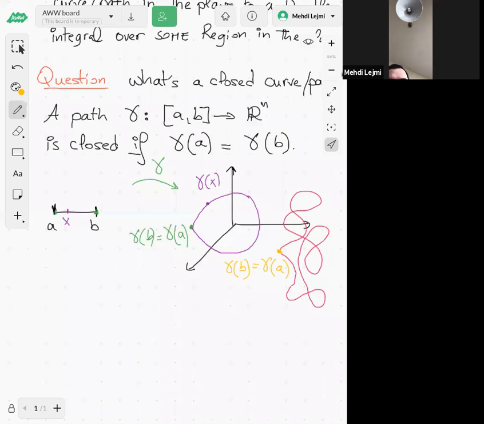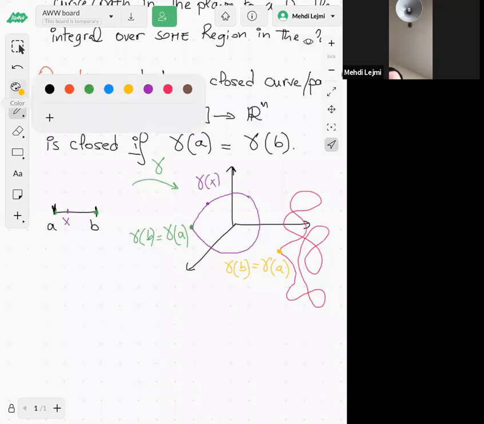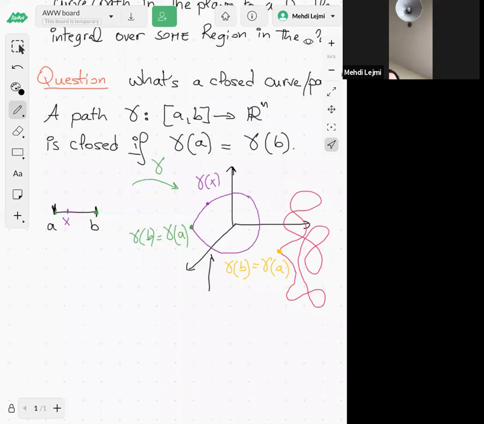So what's the difference between these two curves, or these two paths? In the first example, this curve here has no self intersection, right? It doesn't intersect itself. Of course, except at gamma of A and at gamma of B, because gamma of A has to be equal to gamma of B because it's closed.